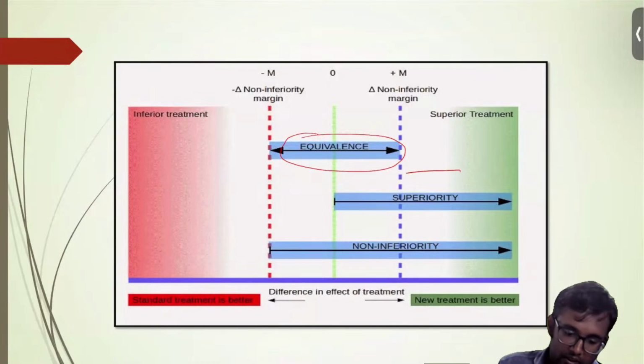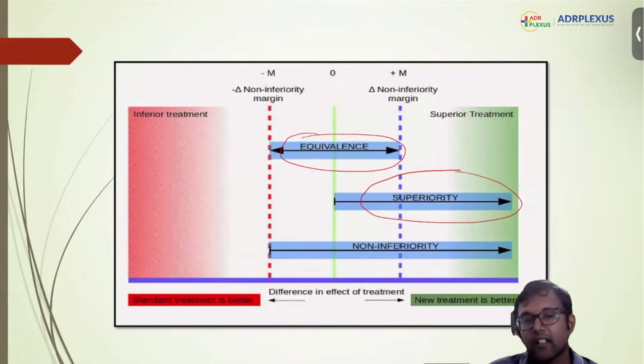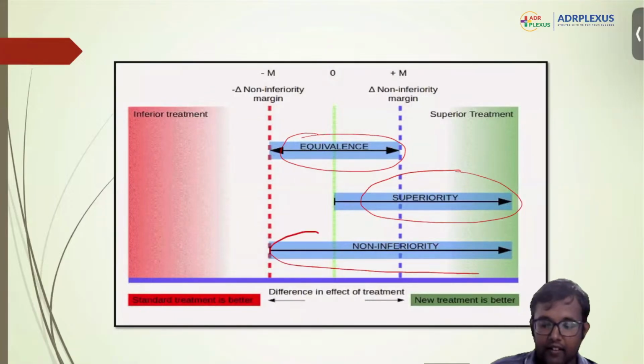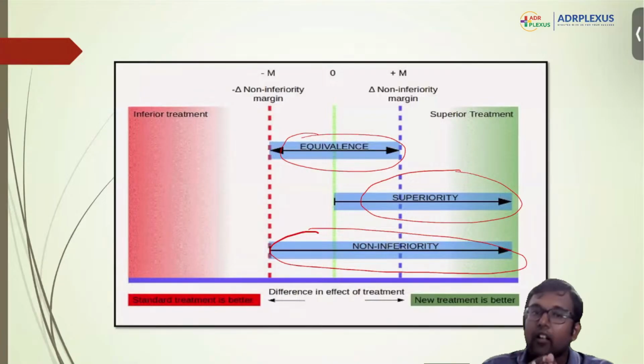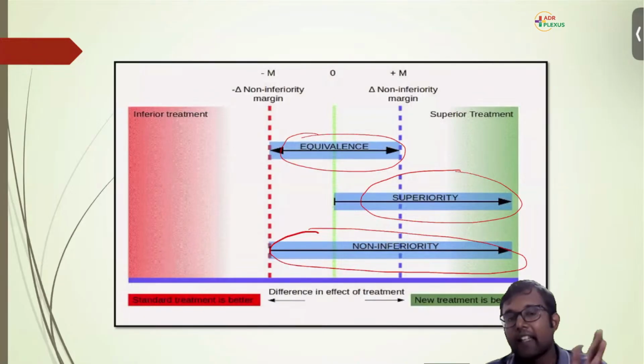So this is superior. And there is another term called non-inferior. What does non-inferior mean? It can go less than that, but India can lose to Australia, and India will not lose by more than 10 runs.